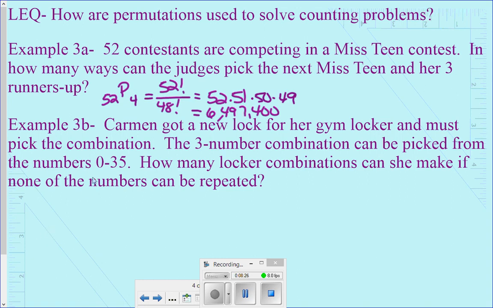So we're picking from 36 because we're including 0. 36P3 is going to be 36 factorial over 33 factorial, which is 36 minus 3. And the 33 factorial is going to factor out, and we're going to be left with 36 times 35 times 34, which is 42,840.